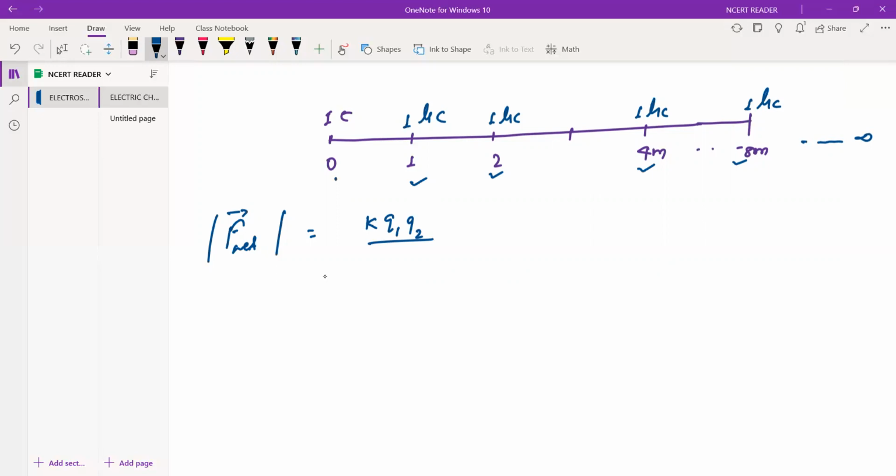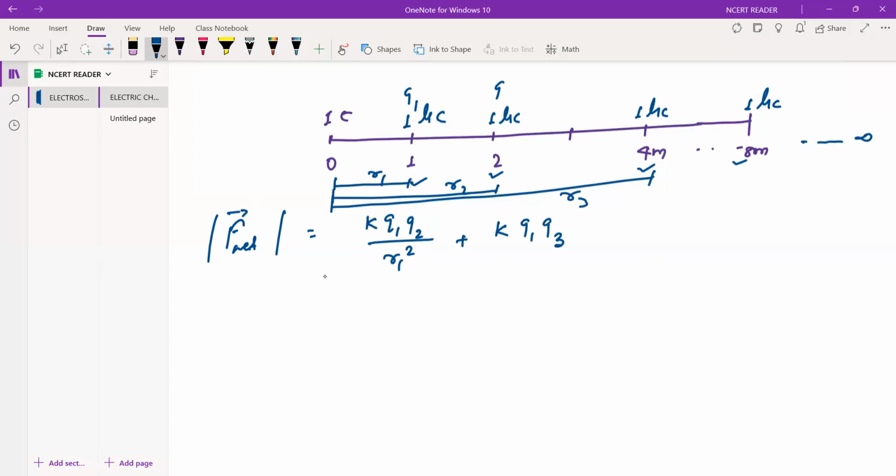Let's suppose this distance is r1, then this distance is r2, and this distance from the origin is r3. Likewise we have, so this is r1 square, then we have k q1 and q3. Here this is q1, q2, q3, q4.